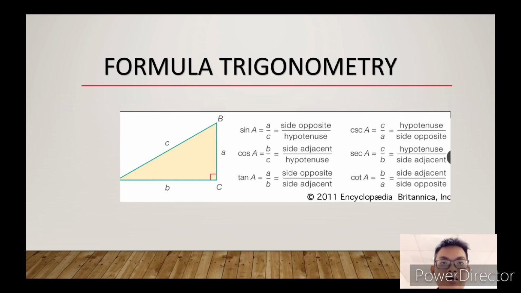For formula tan is opposite per adjacent. For formula csc is hypotenuse per side opposite. Sec is hypotenuse per side adjacent. After that, for formula cot is side adjacent per side opposite.